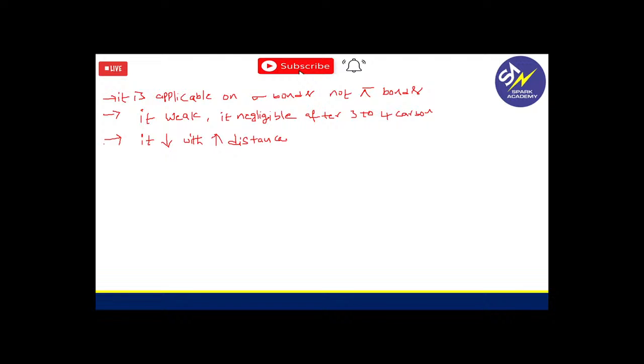And it is divided into two parts, which is plus IE effect and minus IE effect.